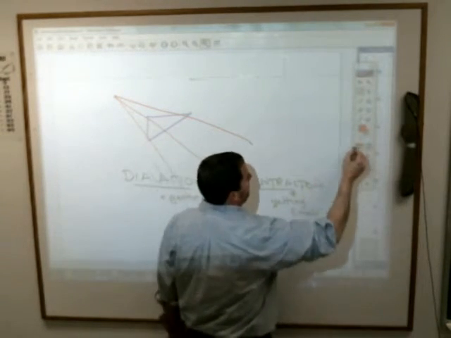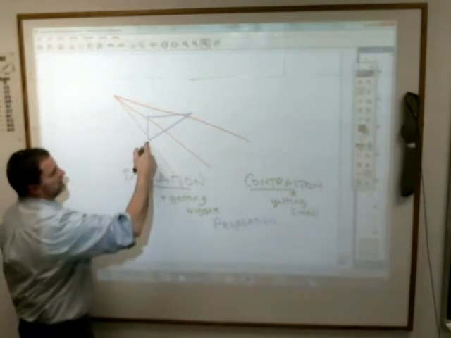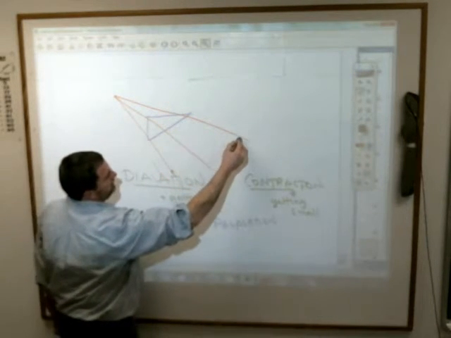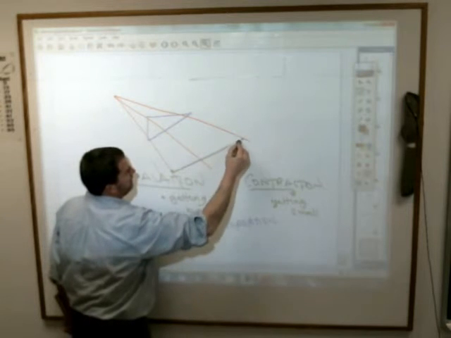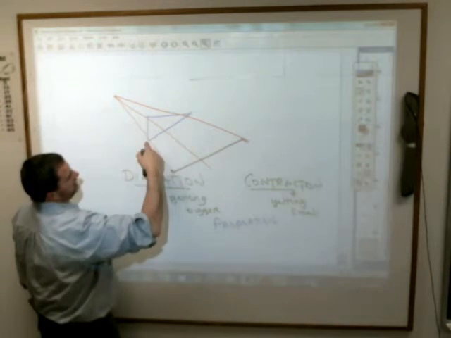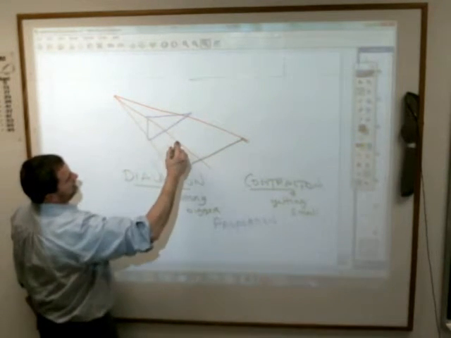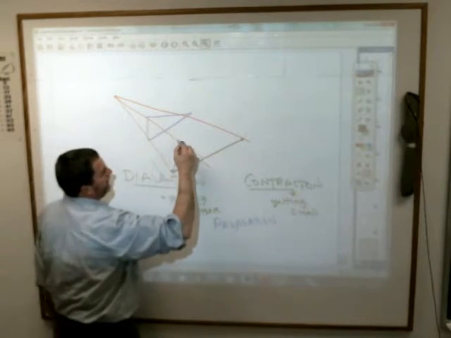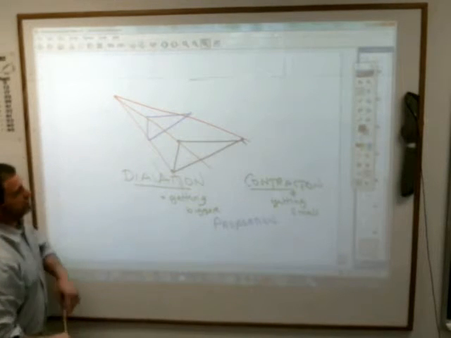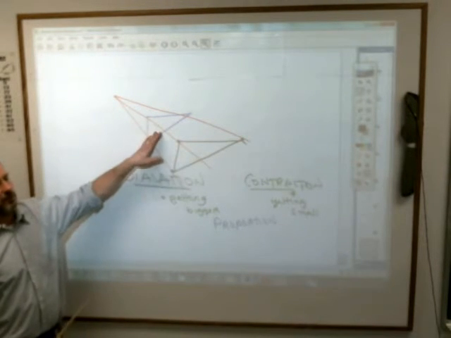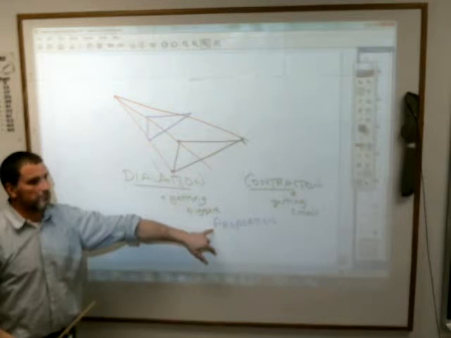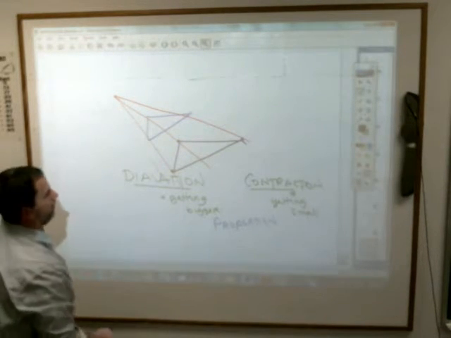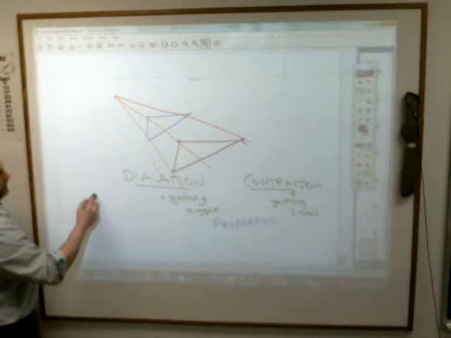But then make a new shape: a line parallel to this line, from here to here. If you make this distance from here to here the same as this distance, you will get a dilation of this shape that is in proportion. Handy, isn't it?